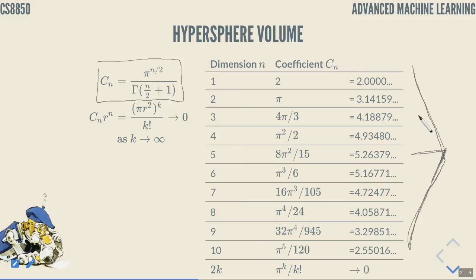So our constant for the volume of the sphere changes as follows, and eventually we'll figure out that for even numbers of dimensions, it's nothing but pi to the kth power over k factorial, but as k grows, it goes to 0. Ta-da!